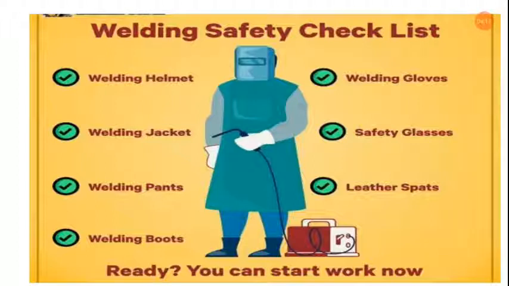Protective wear shields the welder from heat, sparks, and UV radiation. Heavy, flame resistant gloves such as leather should always be worn to protect hands from burns, cuts, and scratches. As long as they are dry and in good condition, they offer some insulation against electric shock.